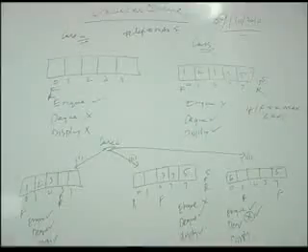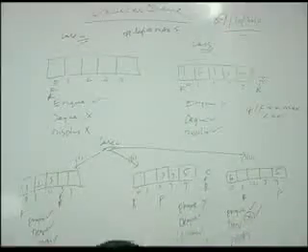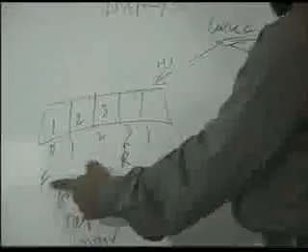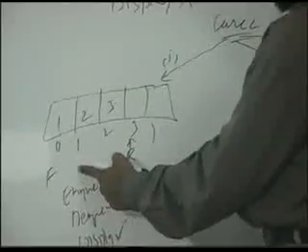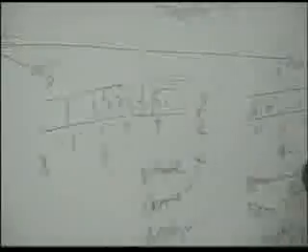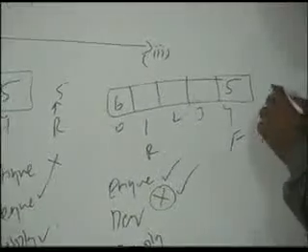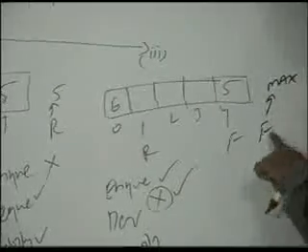See, for example, in case C, if I delete an element 5, what happens after deleting? So far, whenever I delete an element, F is incremented. When I again delete, F is incremented. What happens when I delete here an element: F gets incremented and F points to max, which is 5.